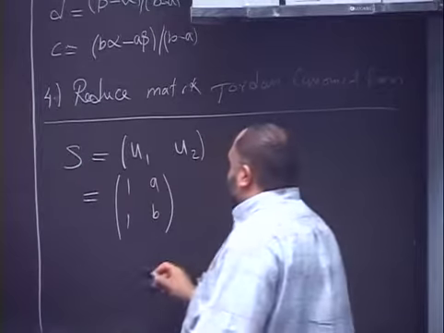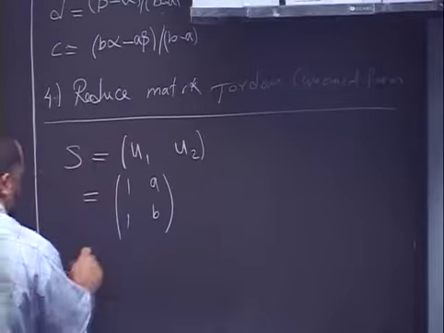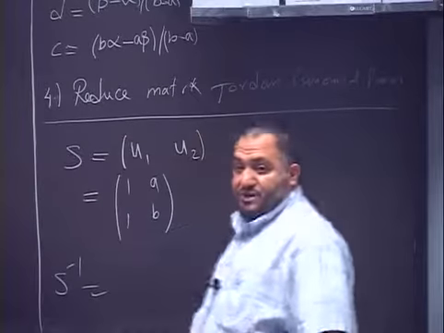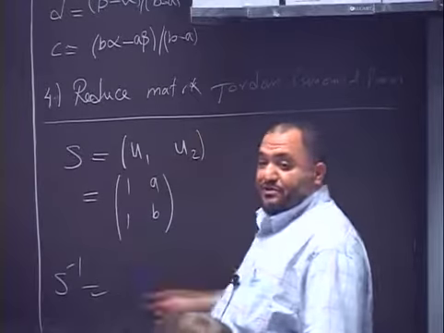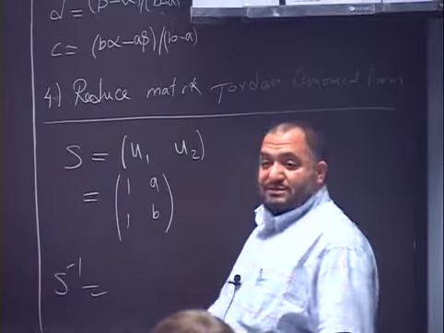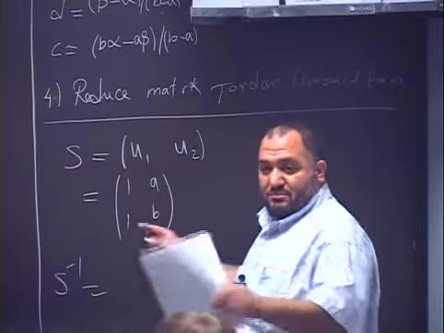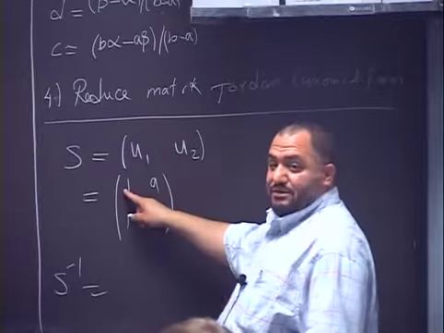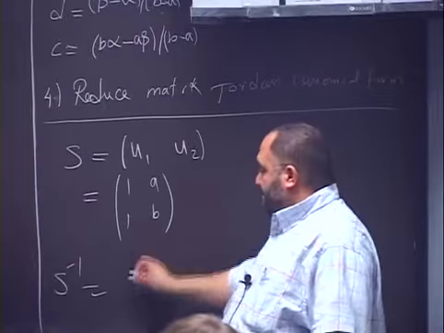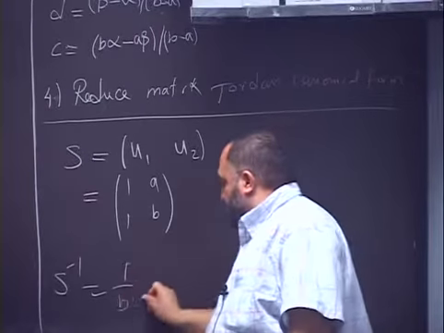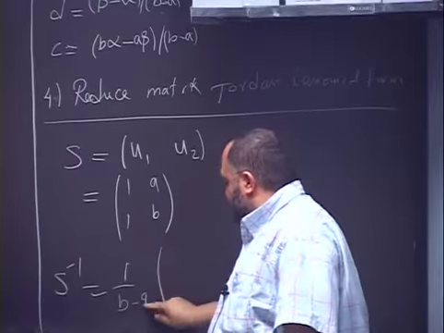So what's S minus 1? To get S minus 1, you have to divide by the determinant and then get the cofactor matrix. So what's the determinant here?